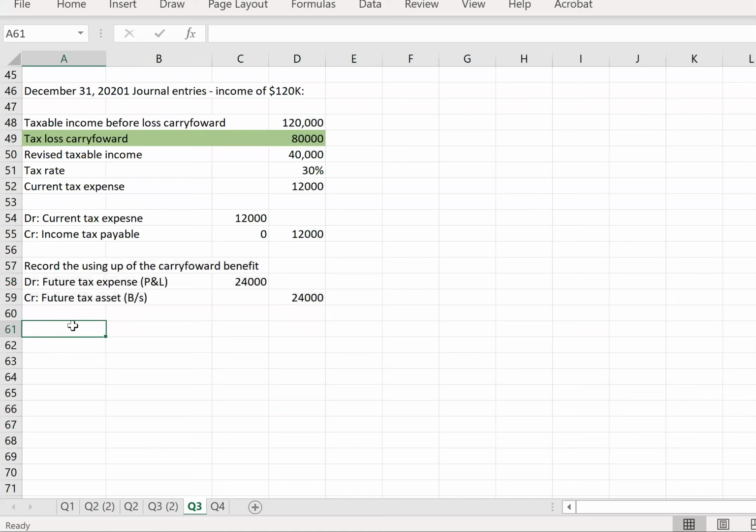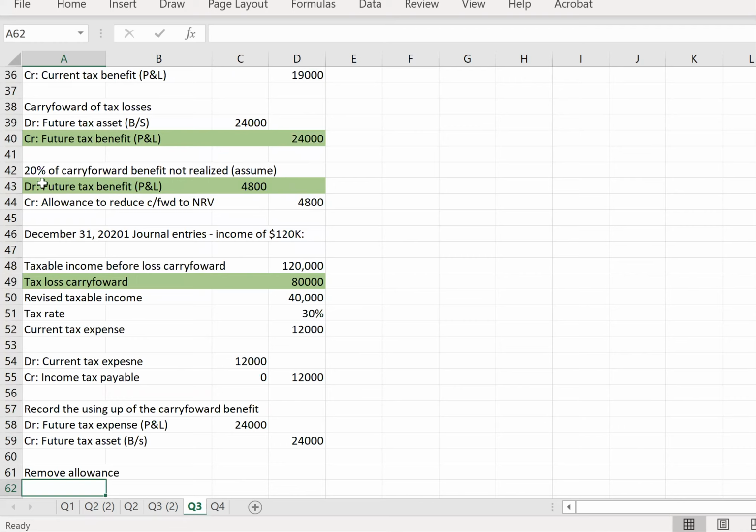Next we're going to remove the allowance, because clearly we don't need an allowance if we don't have a carry forward benefit anymore. If we look up at the allowance entry that we originally recorded to account for the fact that in 2020 we weren't sure if we would generate future taxable income, we recorded debit future tax benefit and credit allowance. So we're simply reversing that entry. We're going to debit the allowance and credit future tax expense.